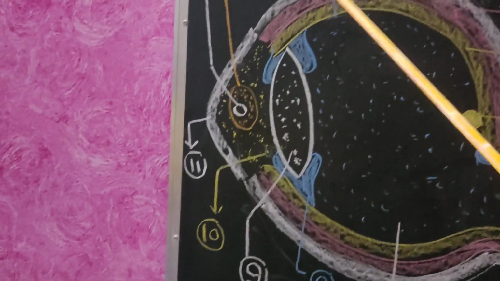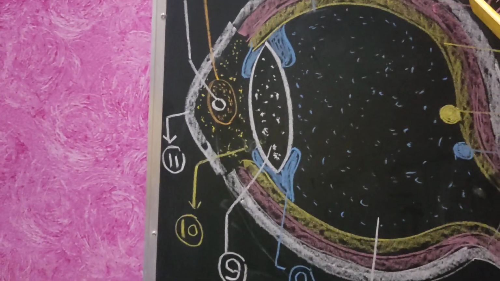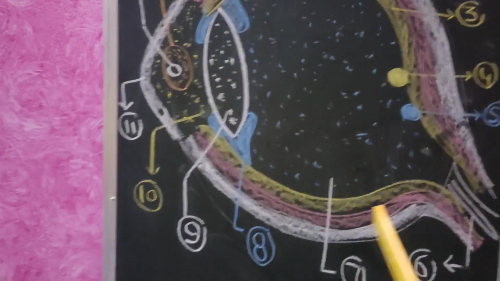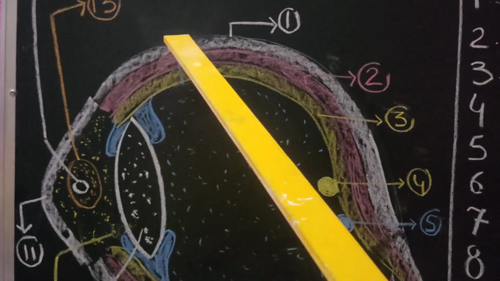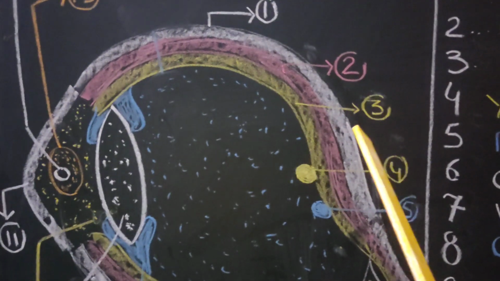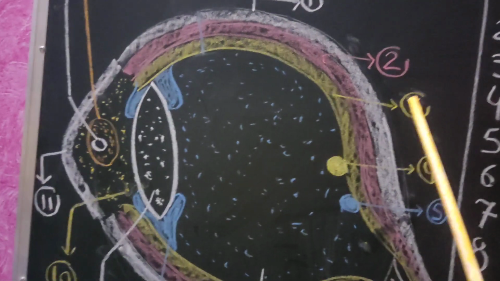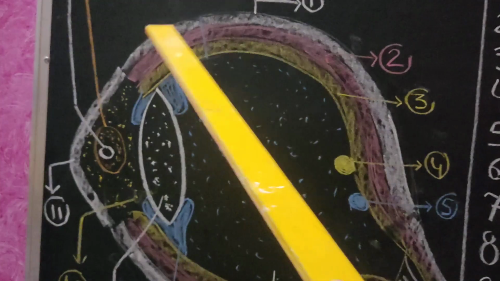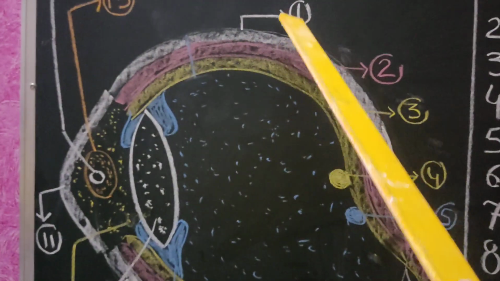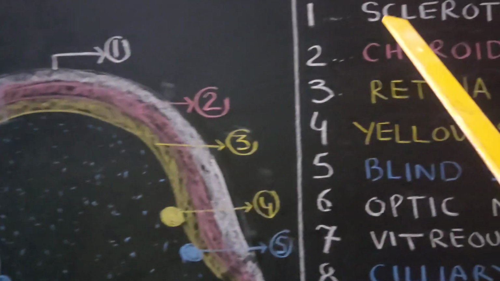In the eye, there are three types of layers. Let us start one by one. The first outer layer, which we see from outside, is white in color. The white layer is number 1, and it is called the sclerotic or sclera.